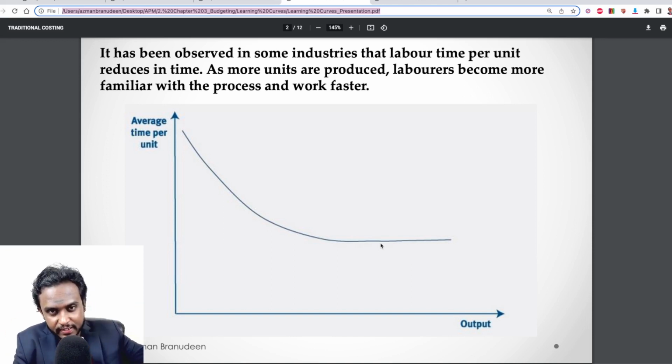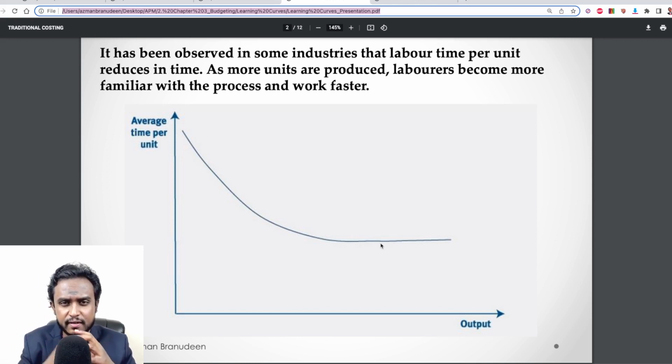They've been learning from the first unit to the 100th unit. At the 100th unit learning stopped. For 101, 102, 150, 200, 250, 300, 500, all of those units, they use the same amount of time they took for the 100th unit. How do you calculate the time taken for the 100th unit, which is applied across the rest of the units that you are manufacturing?